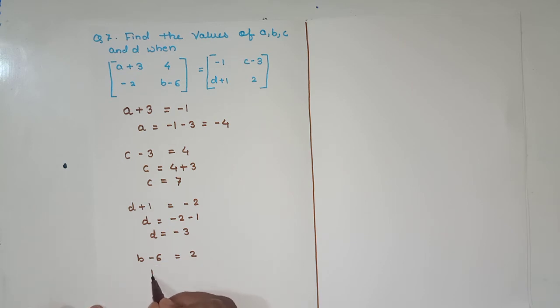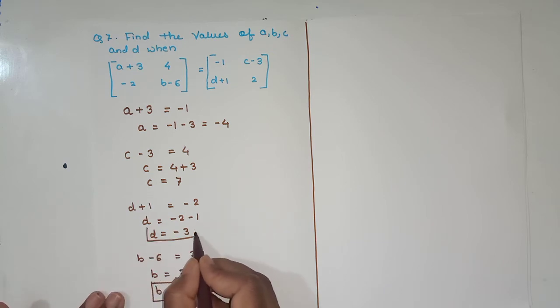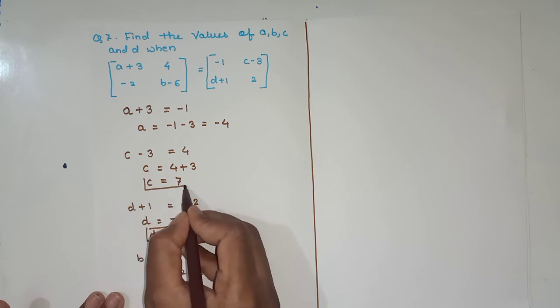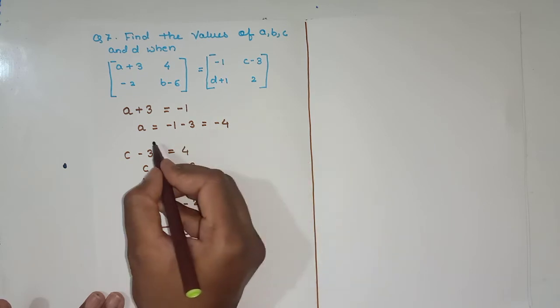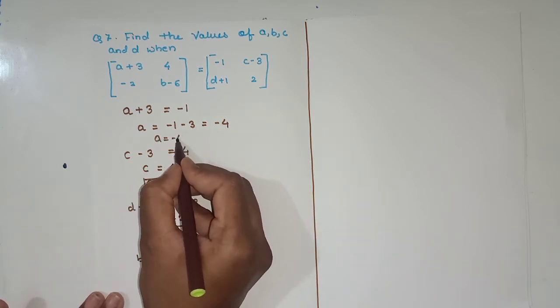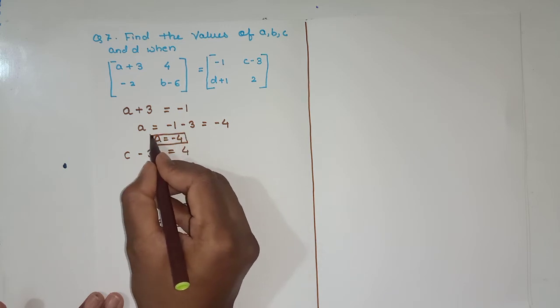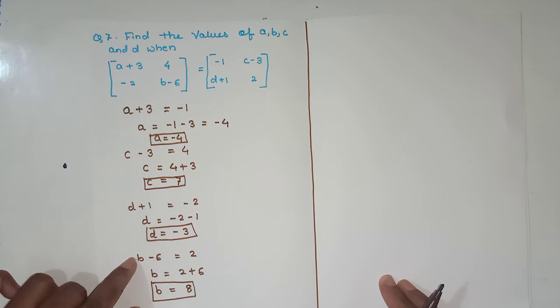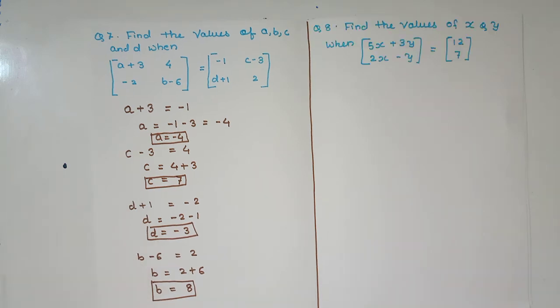Minus 6 shifted, so 2 plus 6, so B equals 8. So these are the values of A, B, C and D: A equals minus 4, C equals 7, D equals minus 3 and B equals 8.